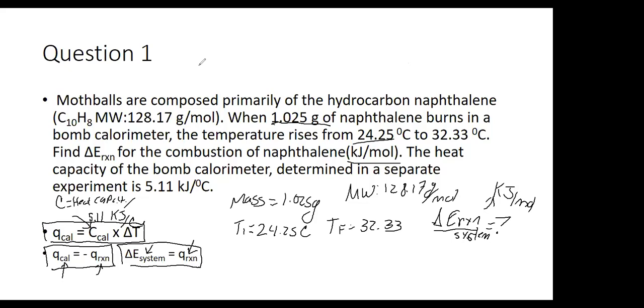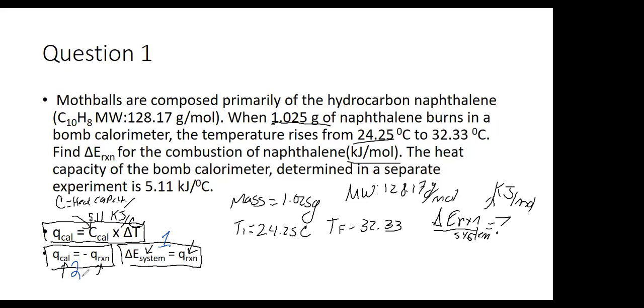So that's the information that I know. Okay. So to find out how much energy is in the system, I have to know how much heat was released when I blew up my mothball. That's this equation, the one I just put a number 1 next to, right? To know how much heat is released by blowing up the mothball, I have to know how much heat was absorbed by the calorimeter. That's equation number 2.